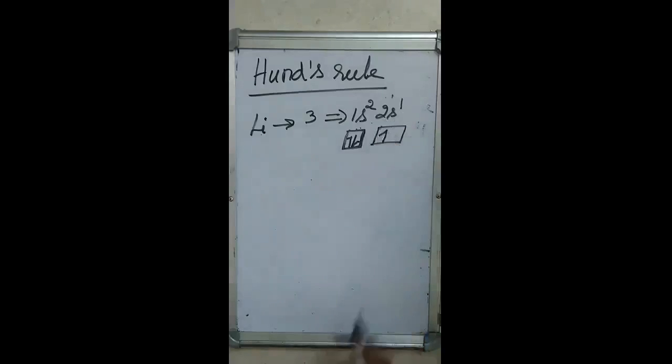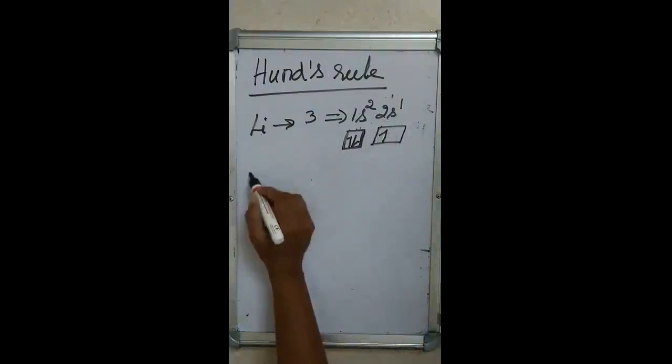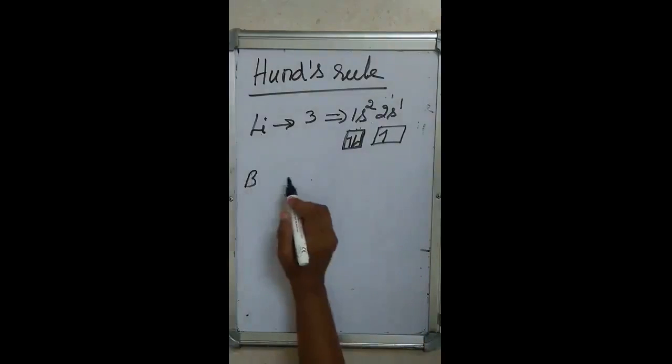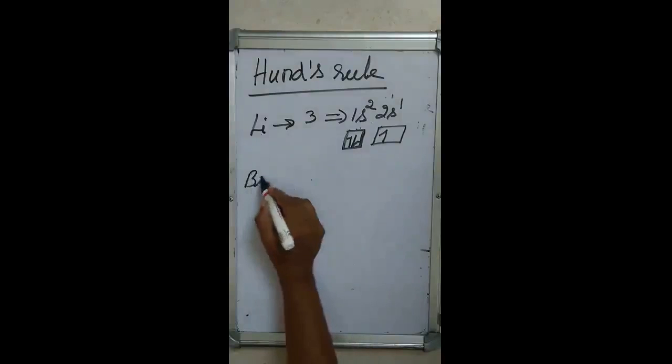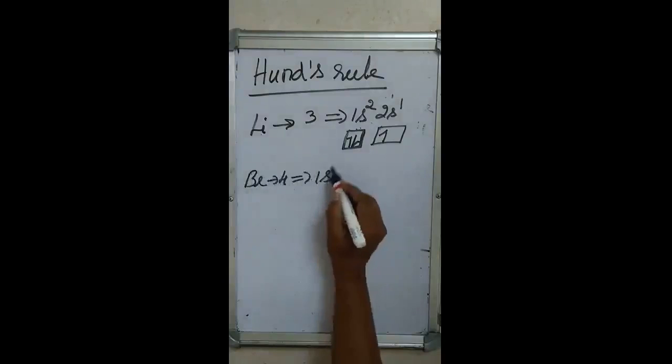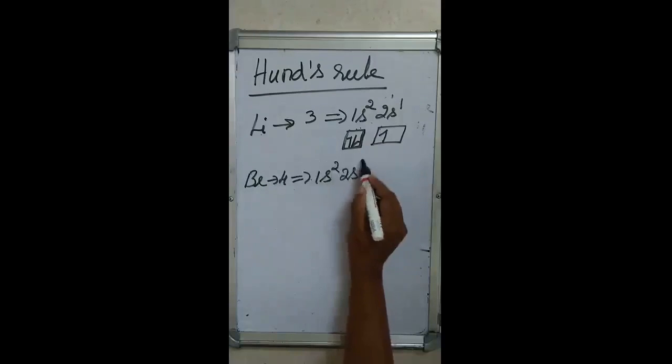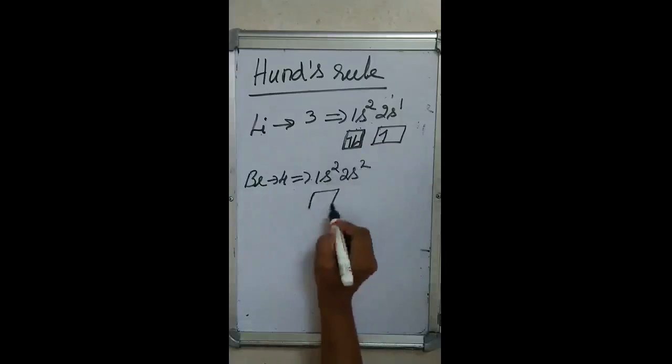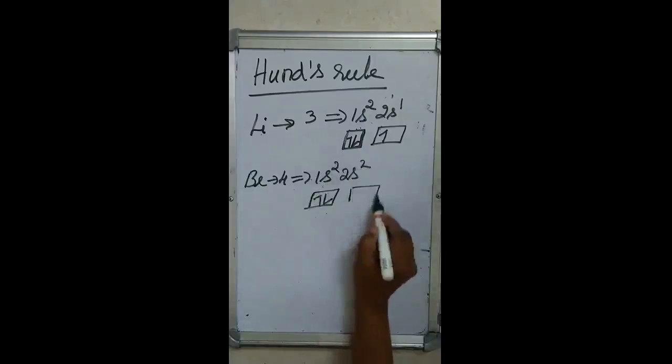Only 1 electron is present. After lithium it is beryllium, atomic number 4. So 1s2, and in box form I write 2 electrons in the 1s orbital. In 2s, how many electrons should I write?